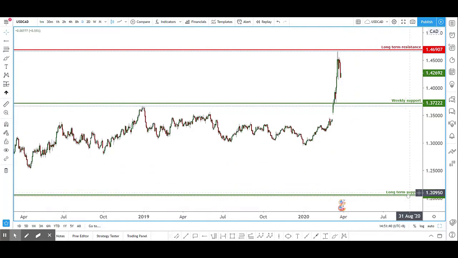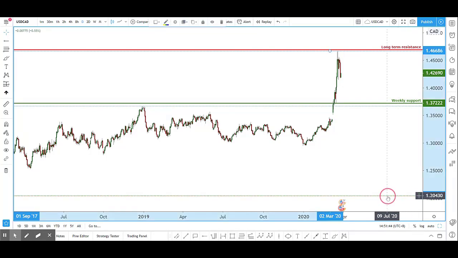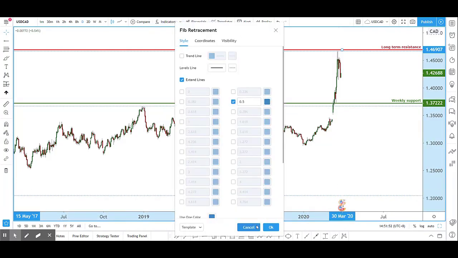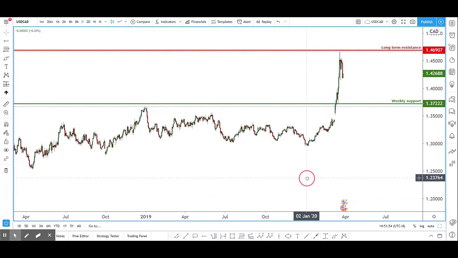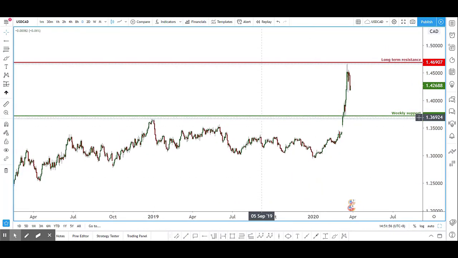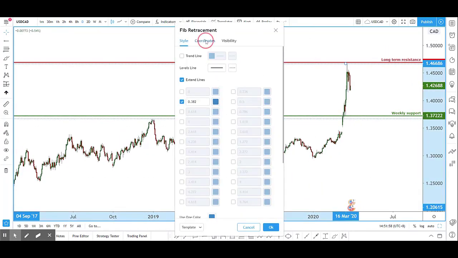Now, on the daily, the long-term support is too far away, so let's just remove this and remove this as well. And this is the long-term 50% level, so we can also remove this because it's too far away, and let us just tidy this up.